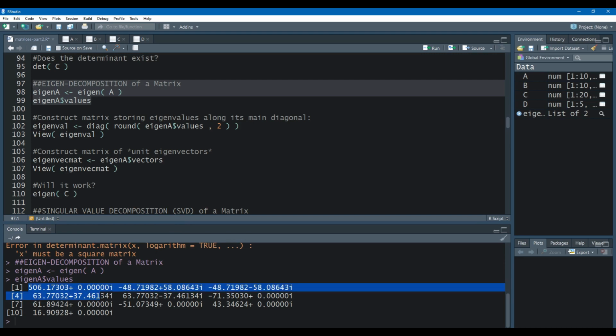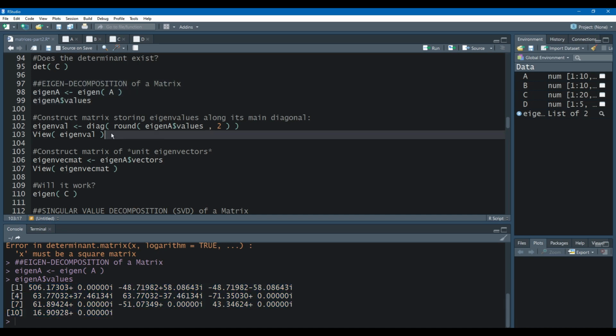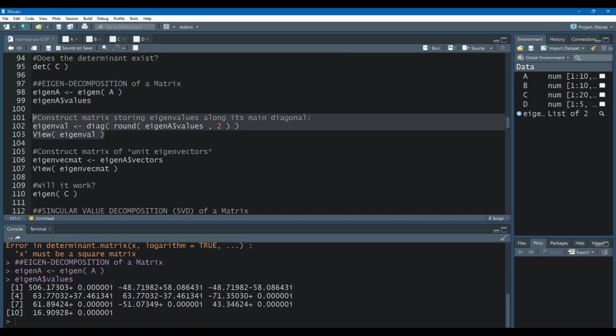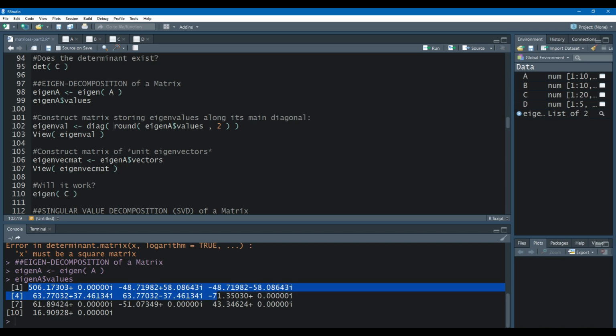and we see our eigenvalues all right here. And actually in A we have real and imaginary eigenvalues, so that's an interesting situation. Now let's construct a matrix storing these eigenvalues along its main diagonal. We construct a diagonal matrix using the diag function, and we're going to round these eigenvalues, which contain real and imaginary values, to 2 decimal places.